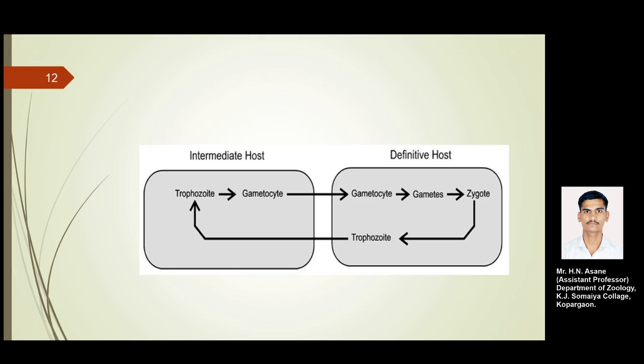These trophozoites are again transported by means of fecal material, and again form trophozoites, gametocytes, zygote, and trophozoites. So this life cycle continues through the intermediate host as well as the definitive host.